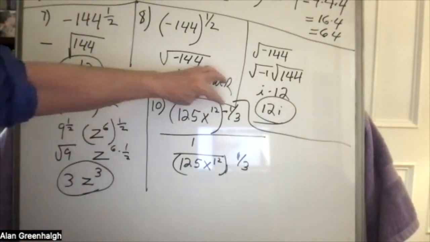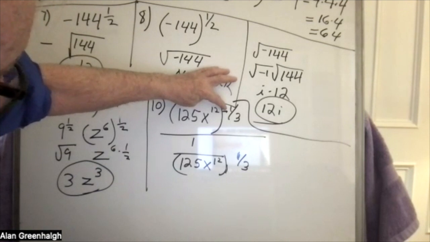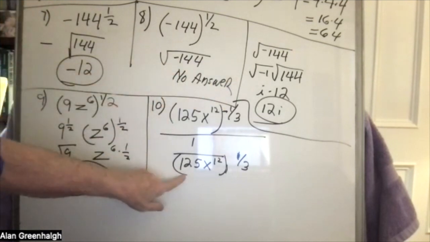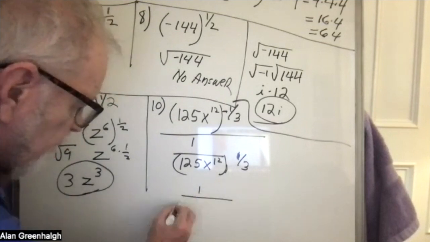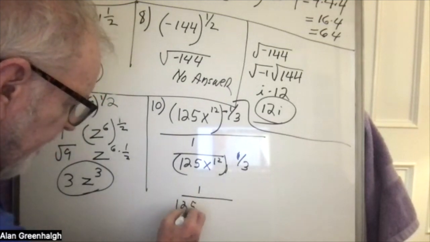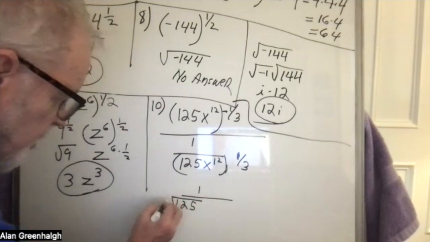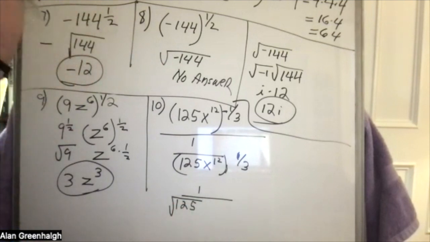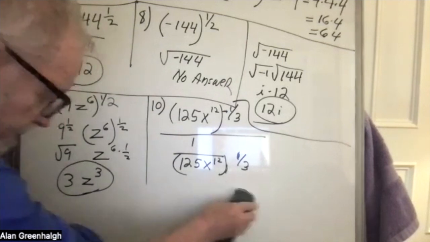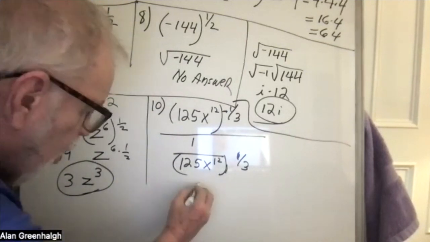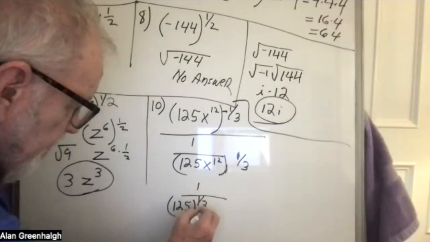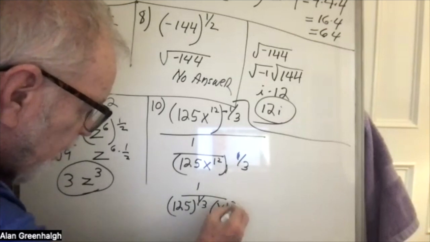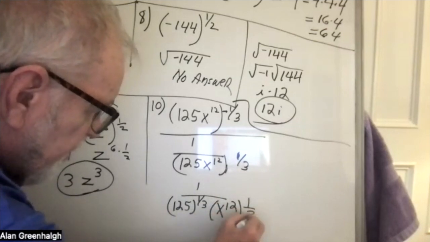Okay, in other words, I took the negative and used it to make this into a fraction. And then this becomes 1 over the third root of 125. Well, let's do it separately. Let's do 1 over 125 to the 1/3 and x to the 12th to the 1/3.